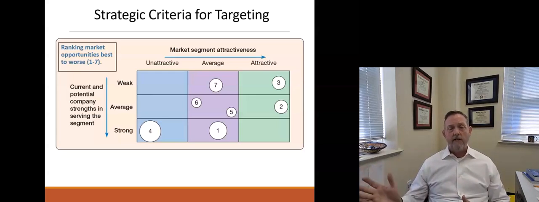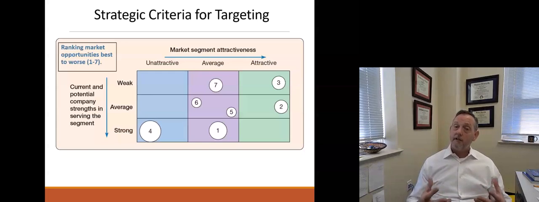Those are in areas where markets are attractive. Now, these markets that are attractive, 2 and 3, we're probably going to need to develop some skills and resources to reach them better, to be more effective in how we deliver products they want, because we don't necessarily have a strong competitive advantage with those market segments, but if we did, they'd be very, very good markets for us to be in.